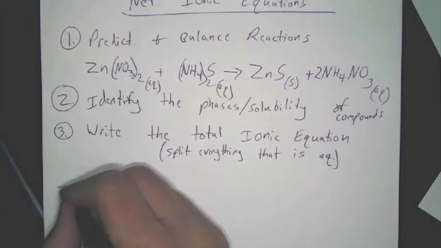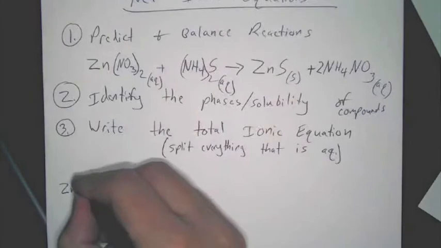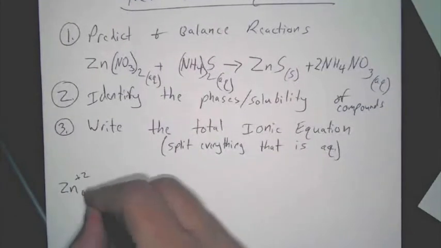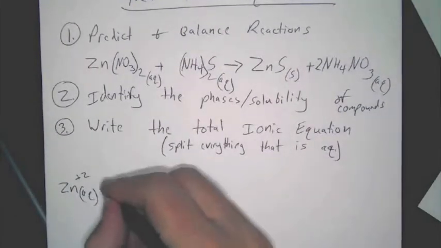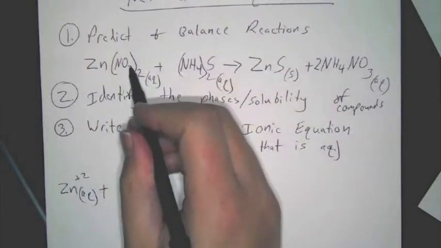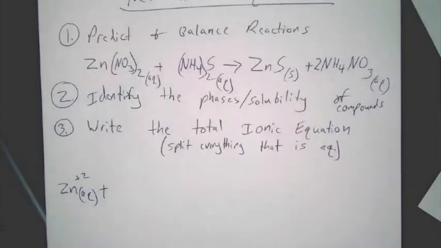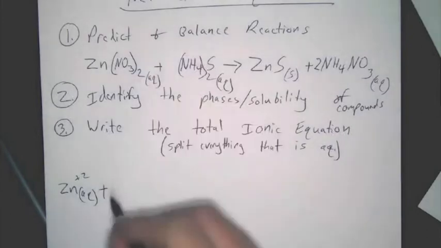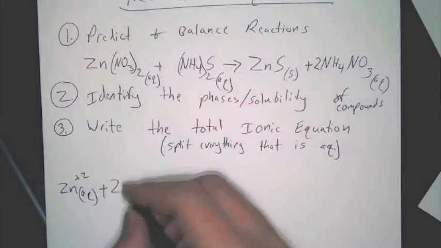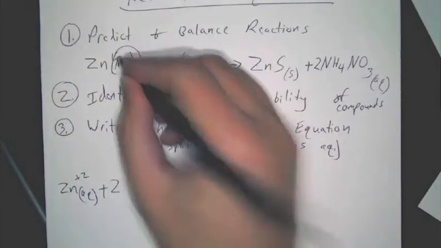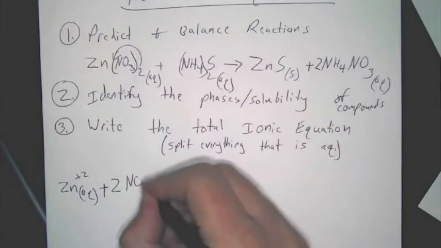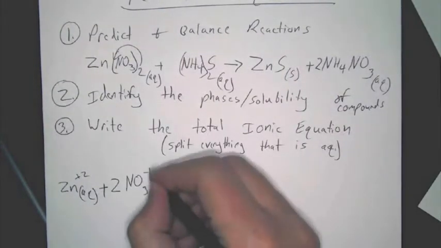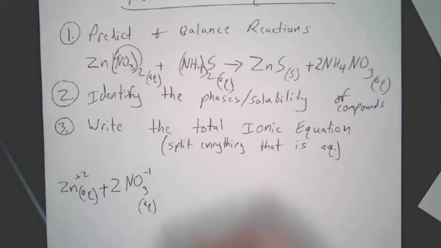So there's zinc, it's a +2 ion, it's aqueous. Plus nitrate now. You're going to literally write the ionic form of everything in solution that is aqueous. So then nitrate, how many nitrates do we have? 2. So you put a 2 in front. This 2 gets moved to the beginning, and you end up with 2 NO3s, each with a -1 charge. They're both aqueous.